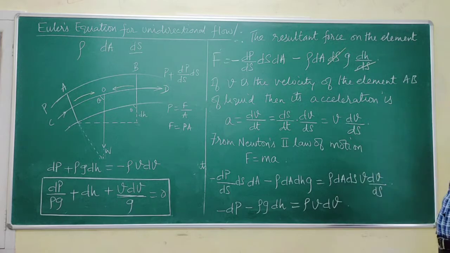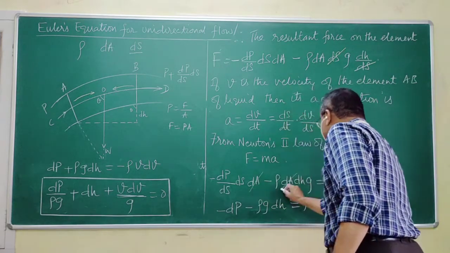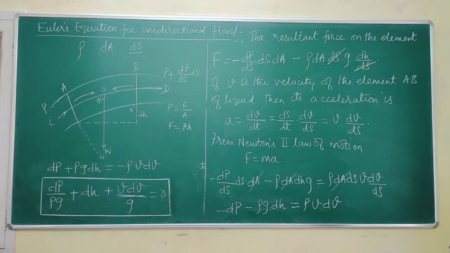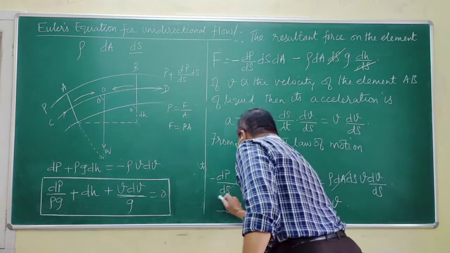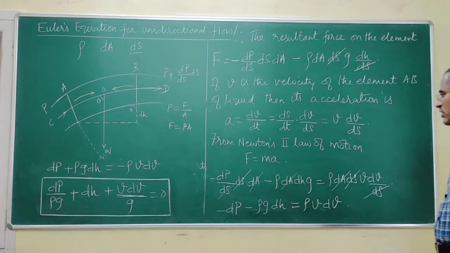I have substituted. Throughout dA is there. This dA will go off. This ds will go off to give me minus dp minus rho g dh is equal to rho v dv.